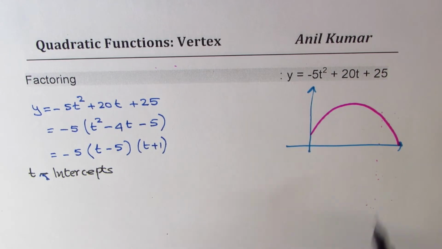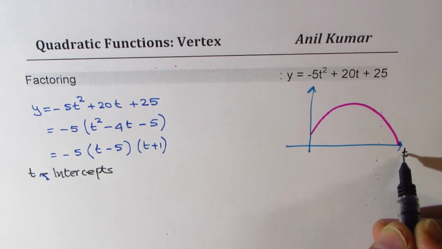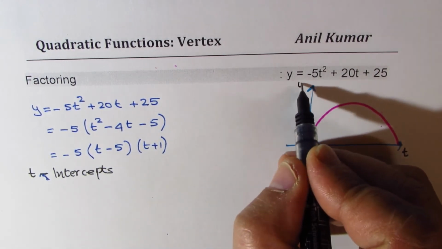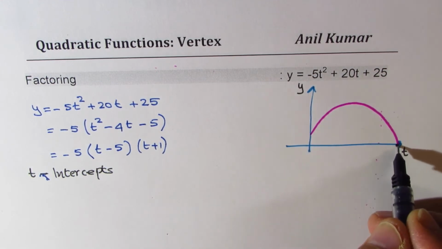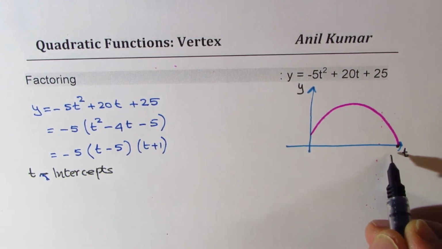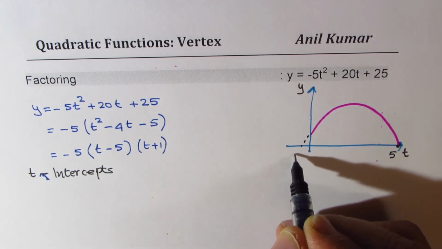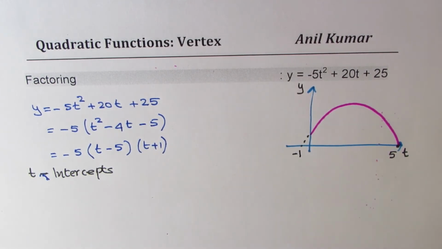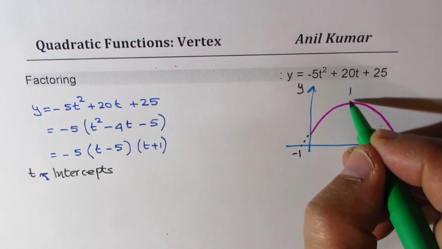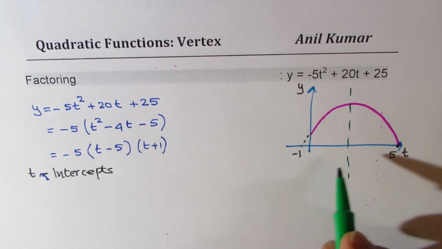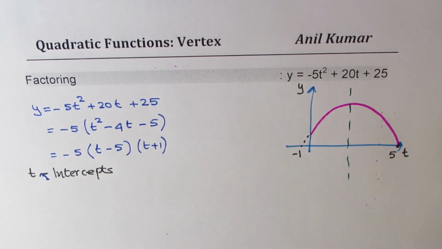On the independent axis we have time t, and that is the y value. So the t-intercept here is at 5, and the other point we get by extending, which is at minus 1. So clearly the axis here, right in the center, is midway between them, right?